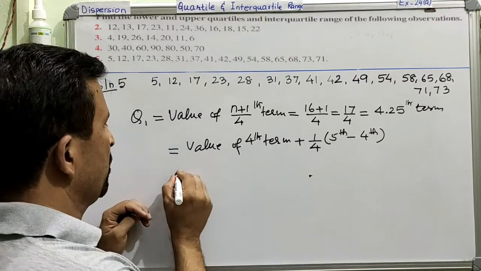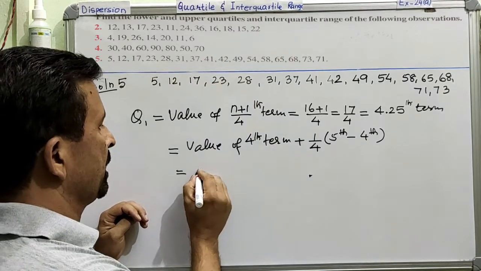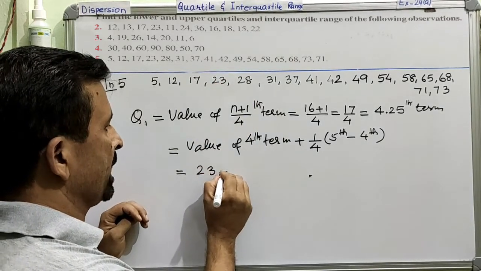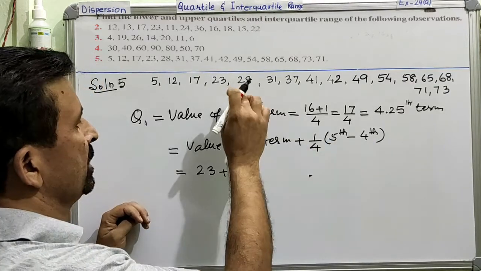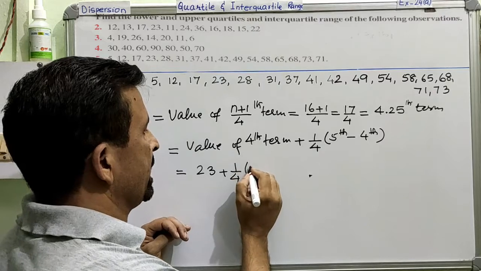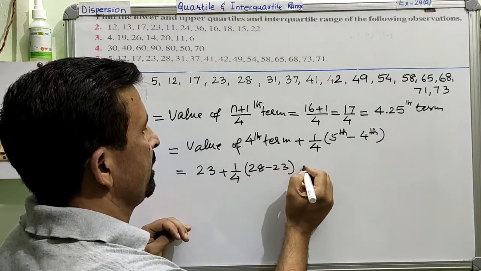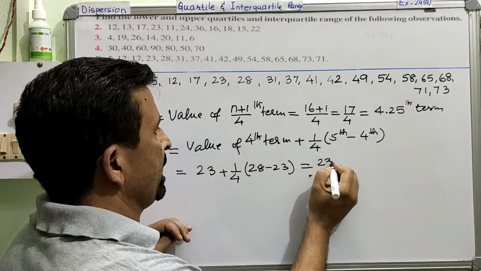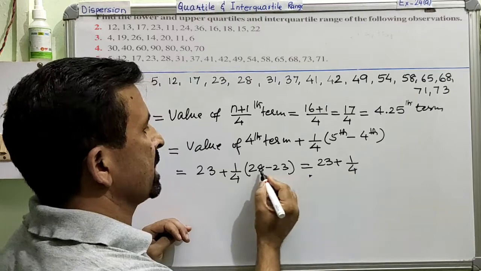Is it okay? Now the value of the fourth term is what? 1, 2, 3, 4: 23. This is 23 plus 1/4 of the difference between the fifth and fourth. The fourth is 23 and the fifth is 28. That means 23 plus 1/4 of (28 minus 23), and this is 5.